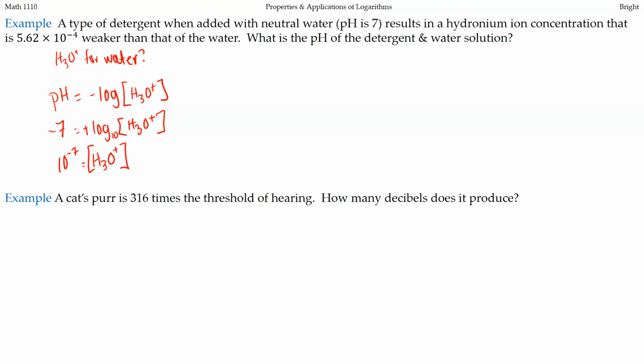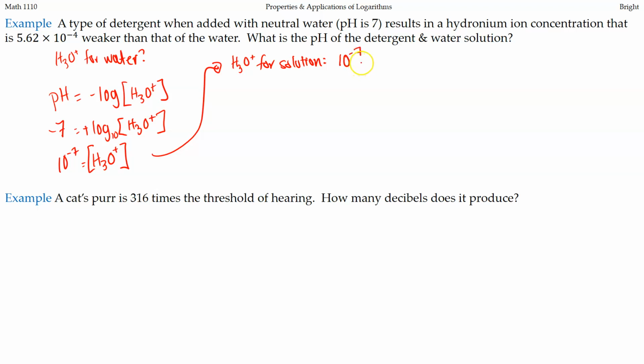Now, that means that the H3O plus for the solution is going to be the 10 to the minus 7, so that's water.